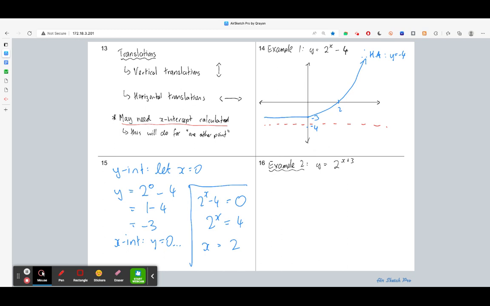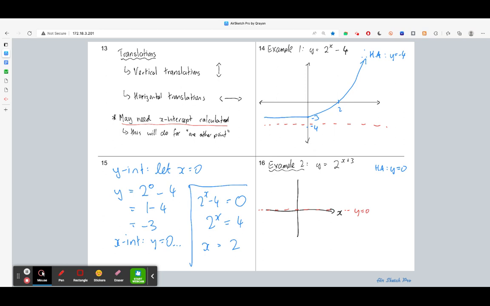I'm done. Example 2 has a horizontal translation. We've got 2 to the power of x plus 3. So as I draw my graph, I've got no vertical translation, which means that the horizontal asymptote is y equals 0, like so.